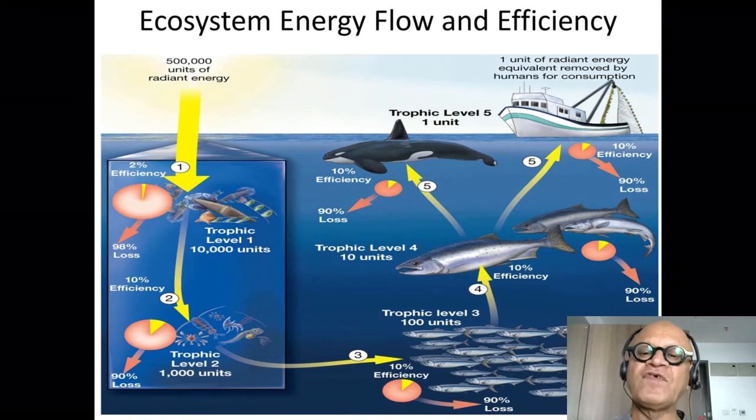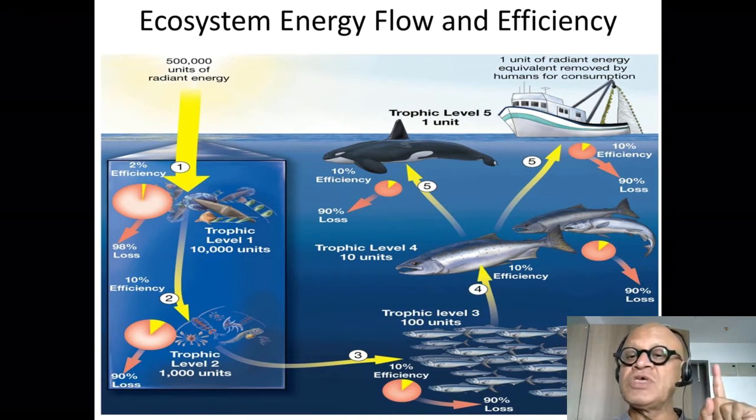So you have 10 units of energy being made available to the dolphin, which is consuming it at 10% efficiency again, so it is also losing 90% of the energy from the level below. So to get 1 unit of energy to the dolphin, we are starting with 500,000 units of radiant energy at the autotrophic level 1.